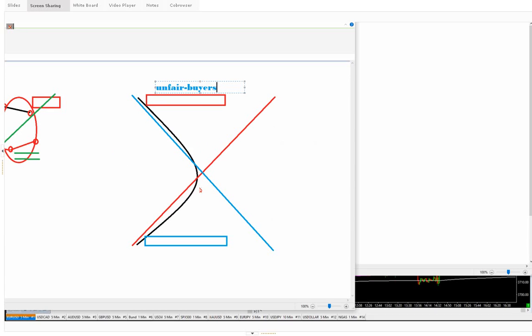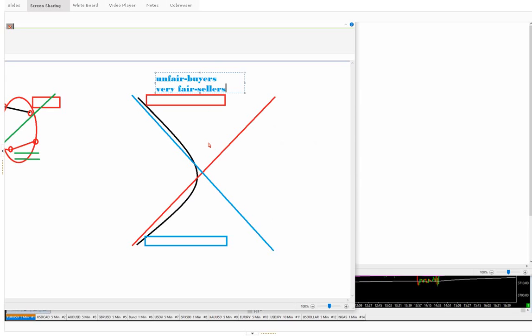So if it's unfair on buyers, no wonder you get a big drop-off in buying volumes at higher prices. Who is it very fair for at the high price? Well, if it's unfair for buyers, it must be very fair for sellers, right? It must be very fair for sellers because they're getting a higher price.